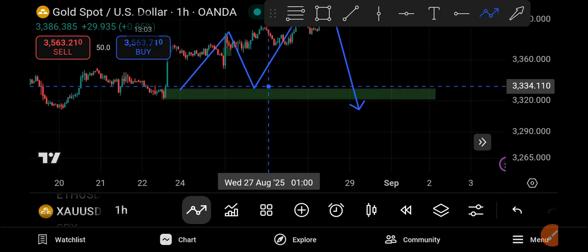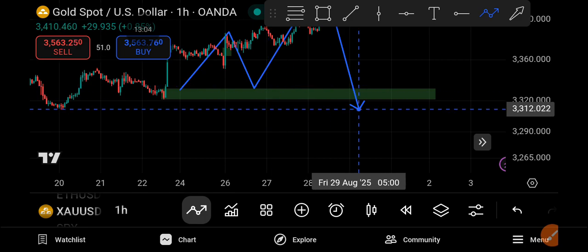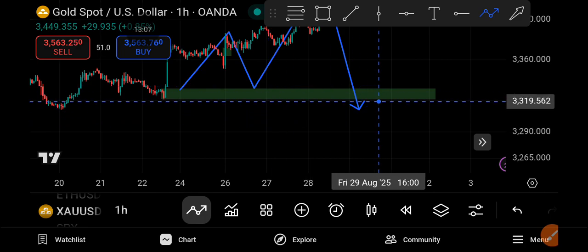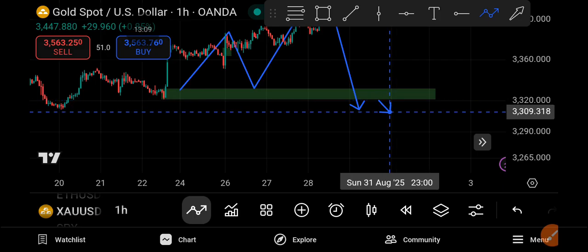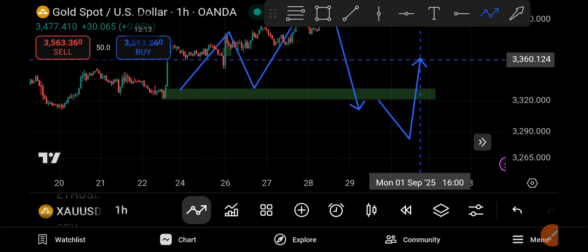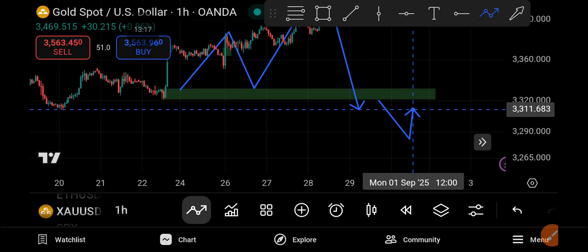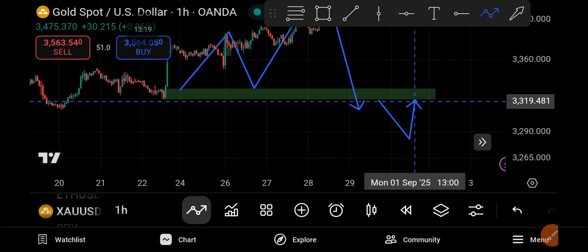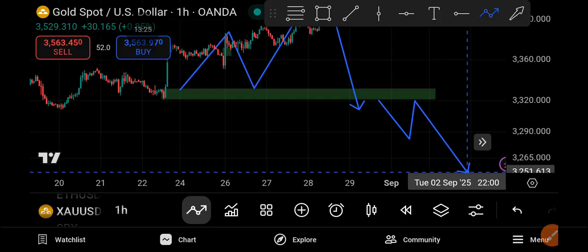When it breaks, it comes back and retests. Now this one will be a breaker block.